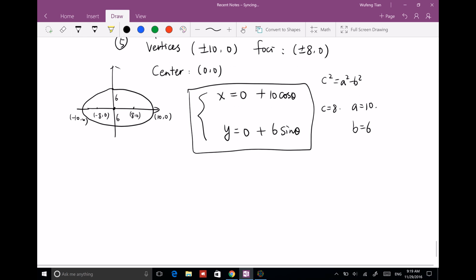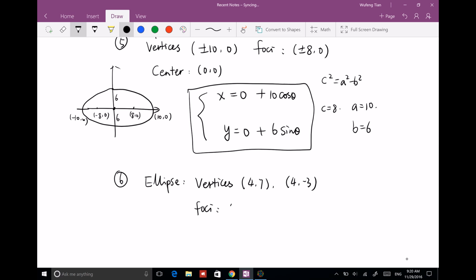And next example, find the ellipse. Vertices are 4, 7 and 4, negative 3, and foci are 4, 5 and 4, negative 1.